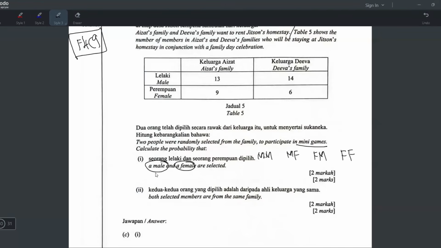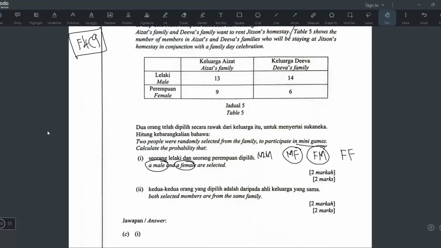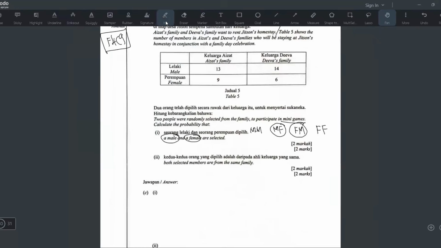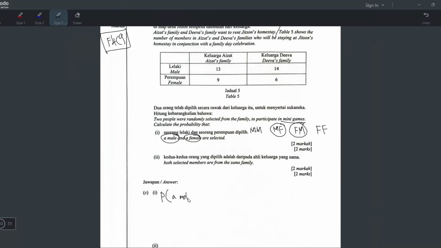They want the probability that 1 male and 1 female are selected. That means you are finding the probability for this one and this one. Okay, so now you know that, now you can start doing it already. So I will just write here probability for a male and female, right? So how can you write this? Okay lah, I think you can just write a male and a female like that.